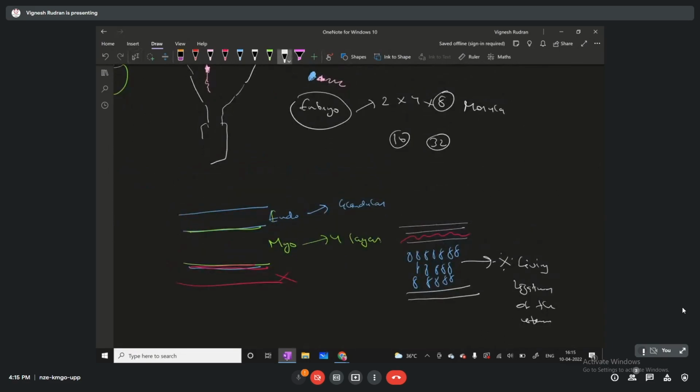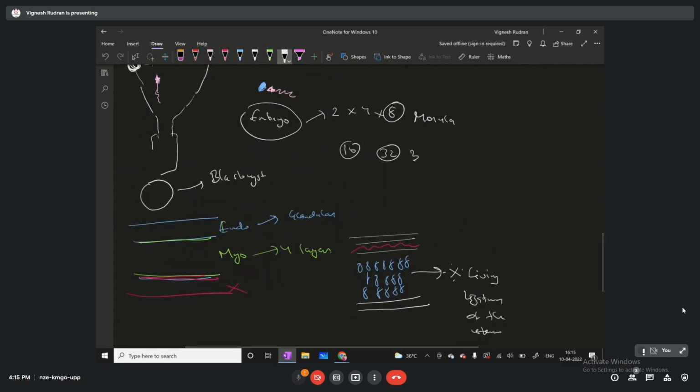So the 32 stage over here undergoes something known as blastocyst formation. What happens is this embryo splits into two parts. You have your inner cell mass, which is going to develop into the baby, and you have your trophoblast.